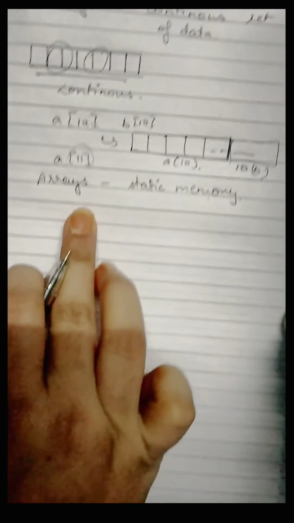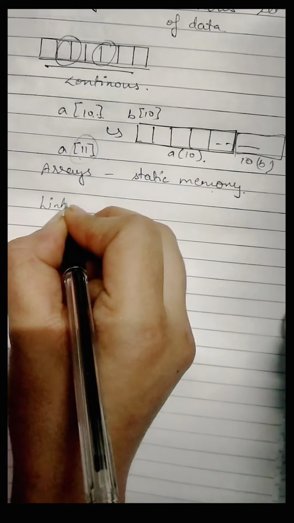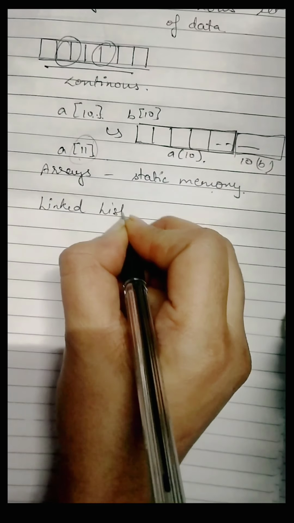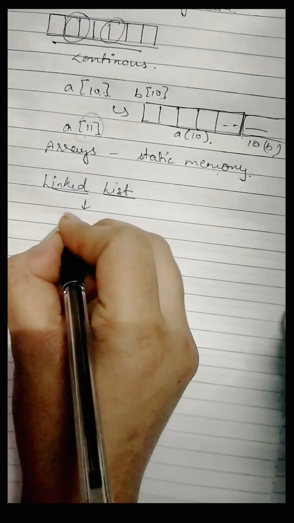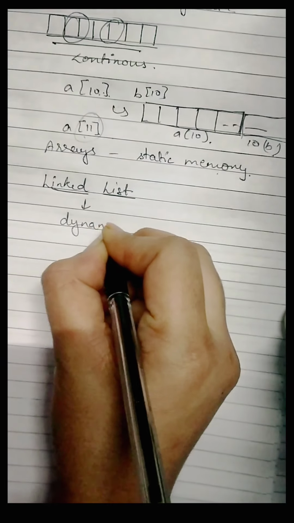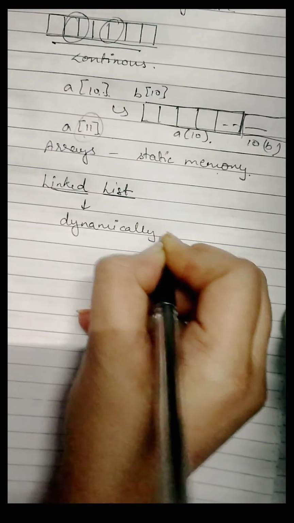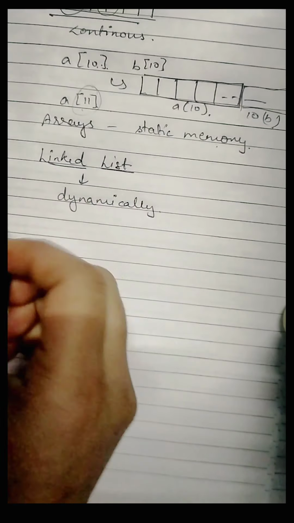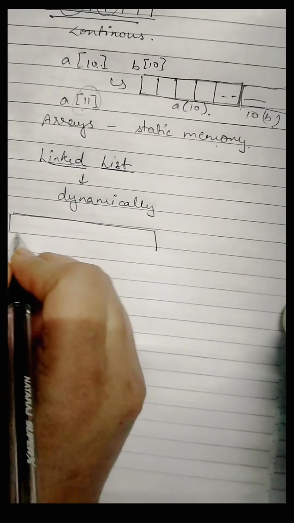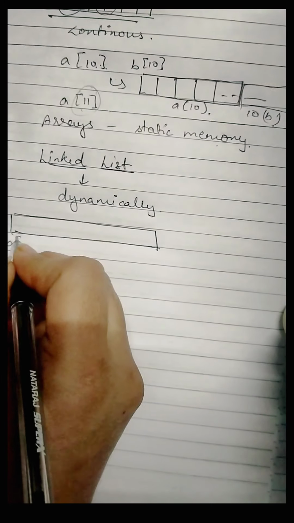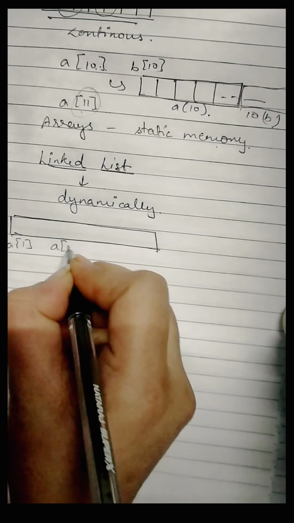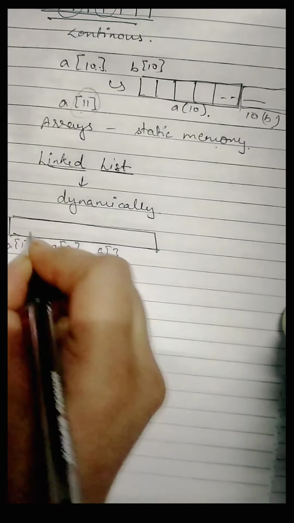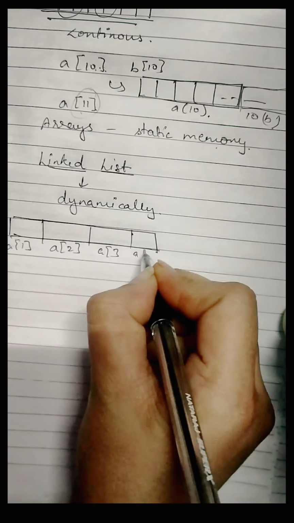Now for this reason, linked lists came into the scene. What does a linked list do? To dynamically define the data in the middle of the program or anywhere, different memory spaces can be allotted. For example, if I have memory locations a[1], a[2], a[3] and a[4].